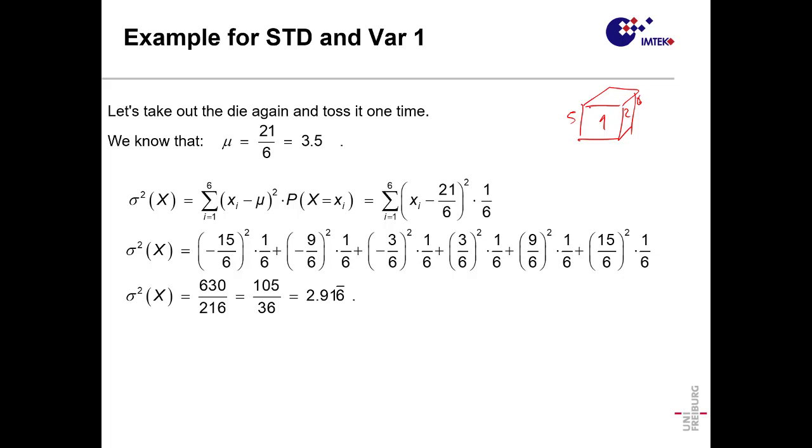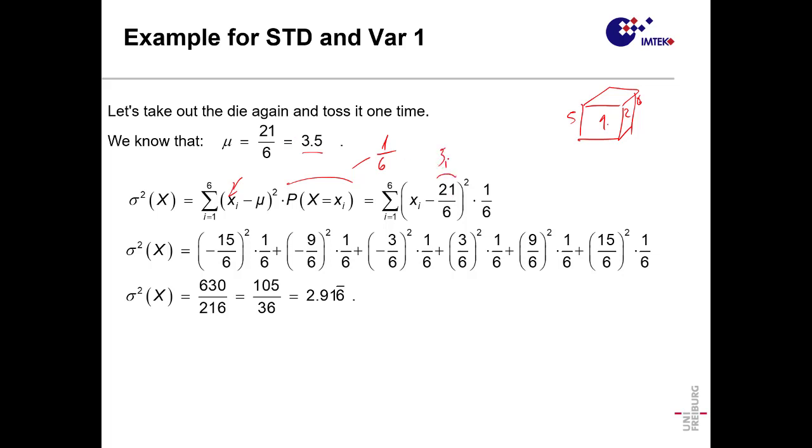You take each of these faces, subtract the expected value we already calculated, and multiply by the probability for this to happen. That's always 1/6. For the die, it's pretty simple. If you sum 1 plus 2 plus 3 plus 4 plus 5 and 6, you get 21. 21/6 is 3.5.